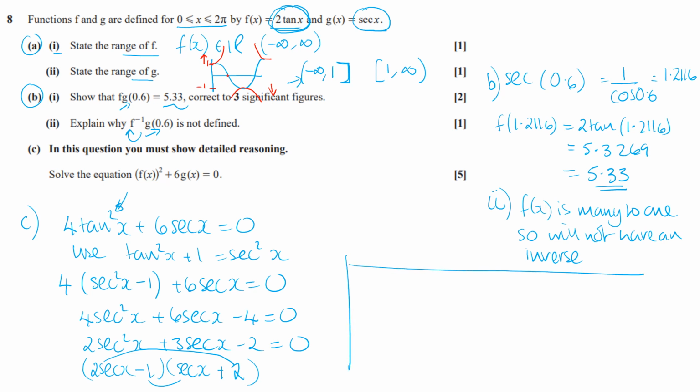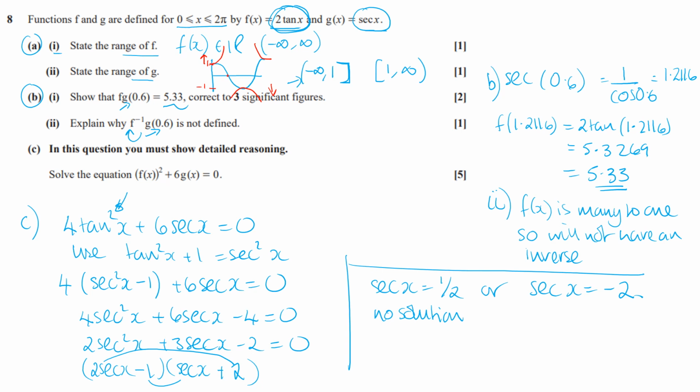And then if we say that sec x is equal to a half, or sec x is equal to minus 2. Now sec x equaling a half, remember when we just had the graph before, sec x can't equal a half, so that's no solution. Sec x has to be above 1 or below minus 1.